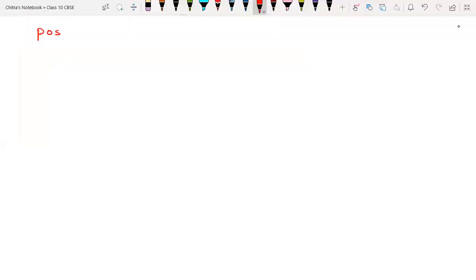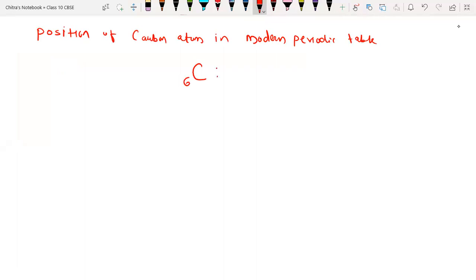Now we are going to understand the position of carbon atom in the modern periodic table. Here we have carbon with atomic number 6 and its electronic configuration is 2 and 4.